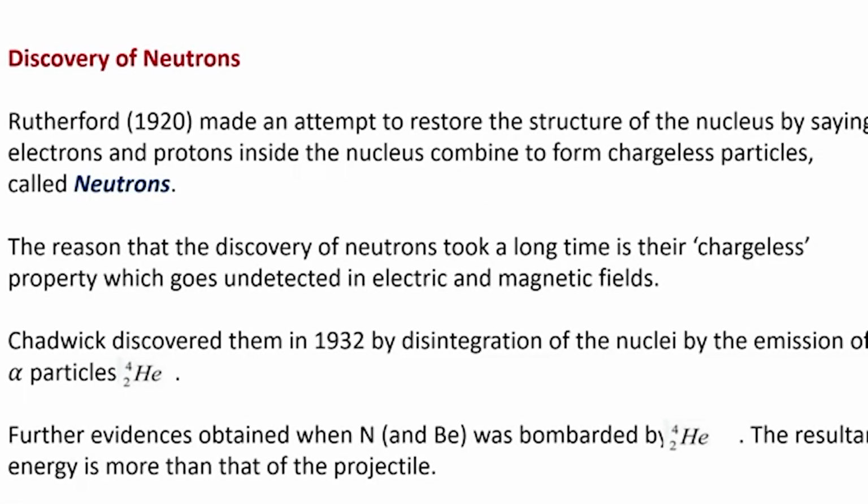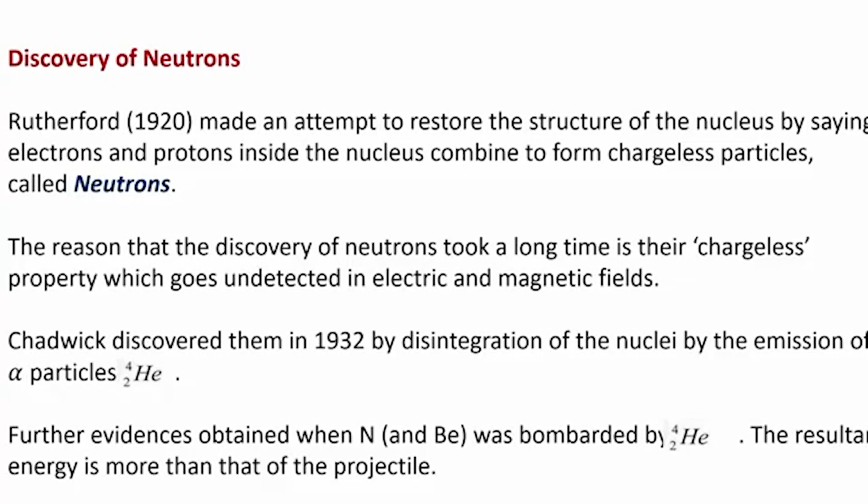Okay. So, let us take you over the discovery of neutrons, how they were discovered and so on. Rutherford in 1920 made an attempt to restore the structure of the nucleus by saying that the electrons and protons reside inside the nucleus, the same electron-proton picture that we have described earlier, but they combine to form chargeless particles. They are called neutrons.